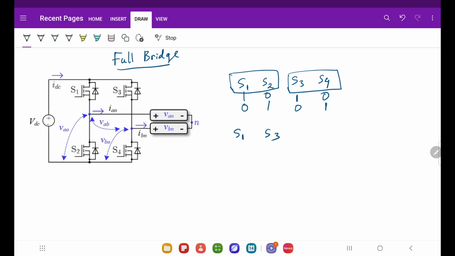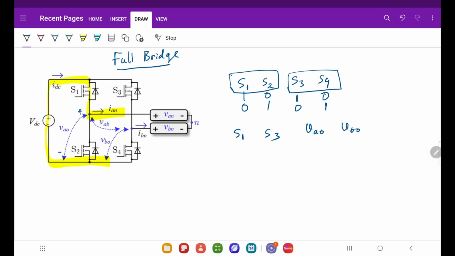S1 and S3. So when S1 is on, you can see that VAO is like this. This is VAO. So this is the plus, this is minus. Okay, let's take AO, and let's take BO as well.